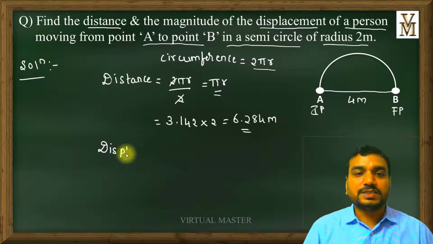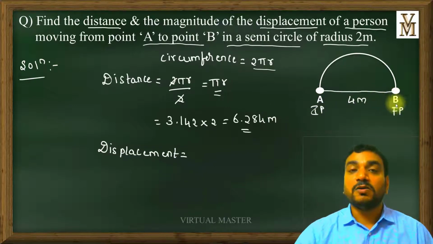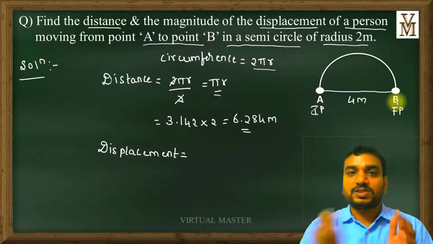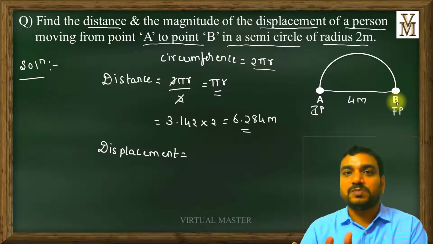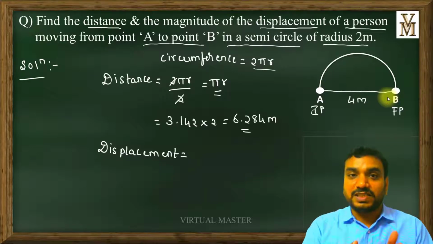We know that displacement is nothing but the shortest distance between initial position and final position. Here A is the initial position and B is the final position, and the shortest distance between initial position and final position can be found out by drawing a straight line, and the length of this straight line gives the displacement.